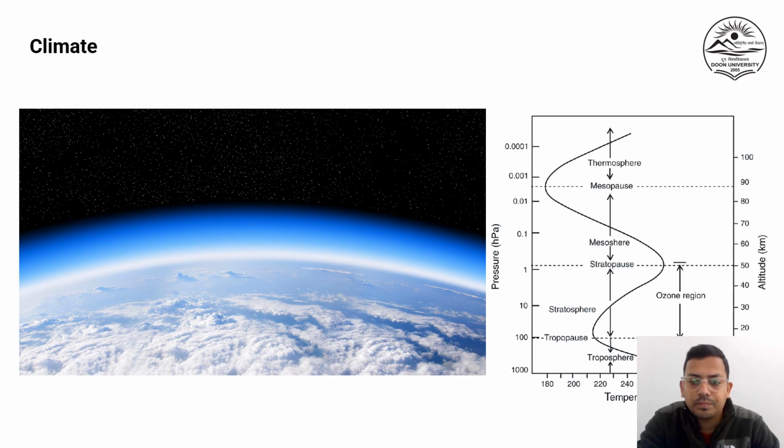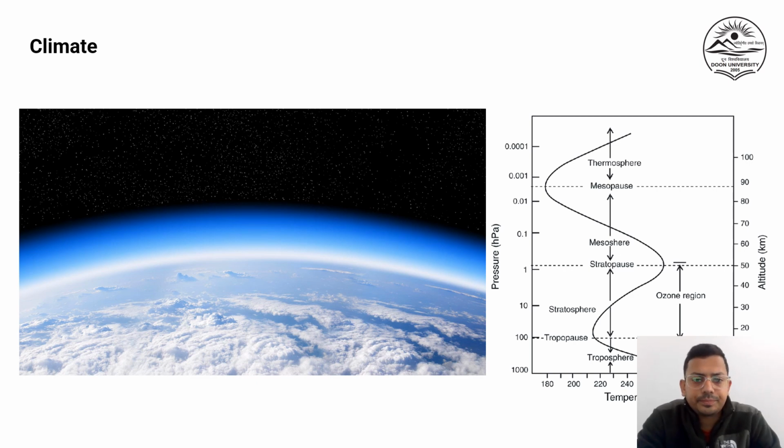You see the tropopause, which is at about 12 kilometers above mean sea level. Then we have the stratosphere, then the mesosphere. The ozone layer, whose depletion is responsible for the influx of UV rays on the surface of Earth, is accumulated in the stratosphere, and the greenhouse gases responsible for the depletion react with the ozone layer.